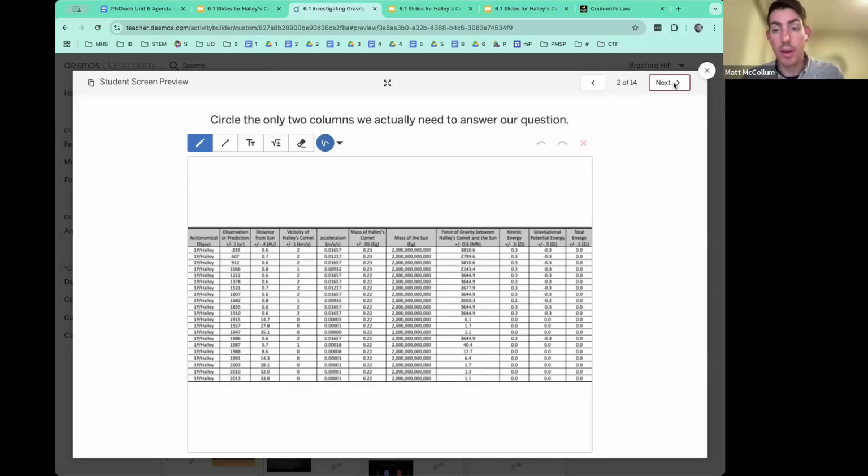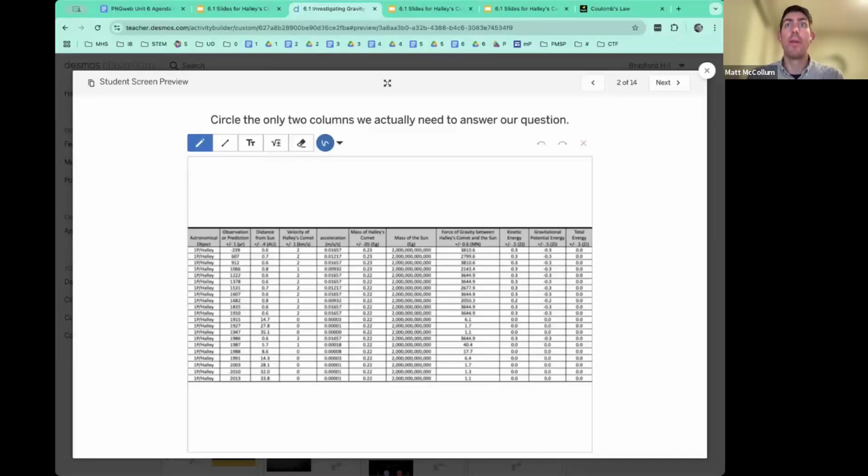This is just one slide, but this takes some time. Students are often going back and forth between the last slide and this one, asking what data do we need to be able to answer our question. It brings up the idea of data mining: there's a lot of data out there, and we have to pare down and decide what we actually need.